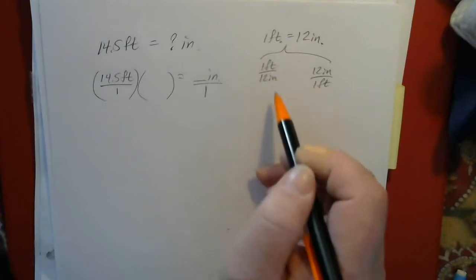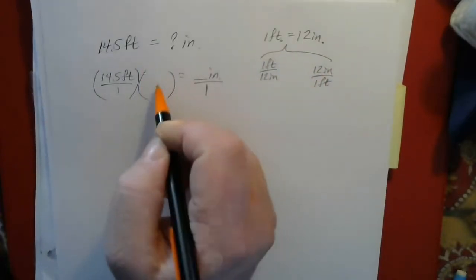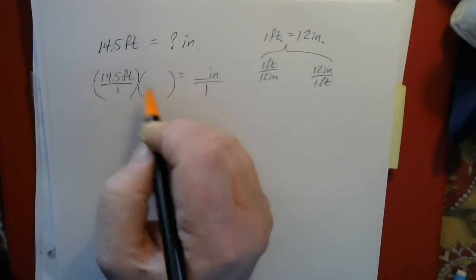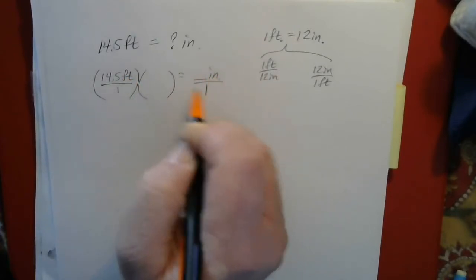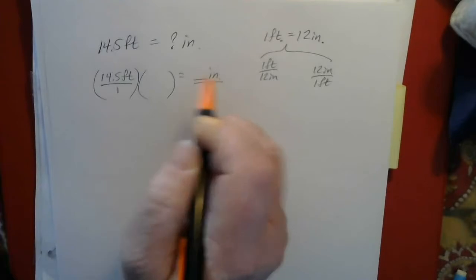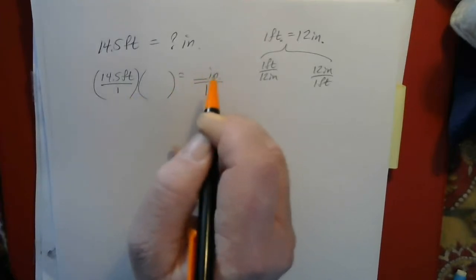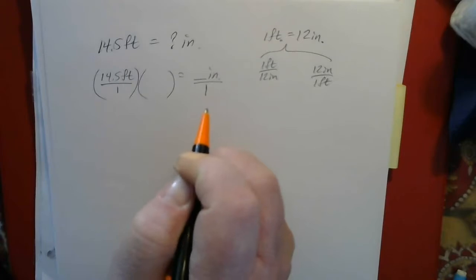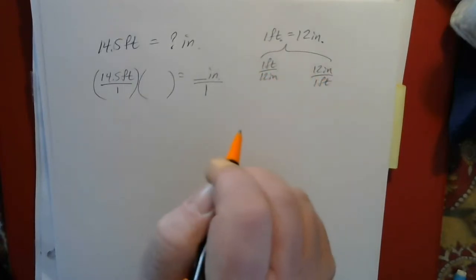So if you look at these two possibilities here for the conversion factor that we want to use, you can see that we want feet to disappear because there are no feet in the answer. And on the other hand, we want inches to be in the numerator of the answer. And one of these two conversion factors will make that happen.